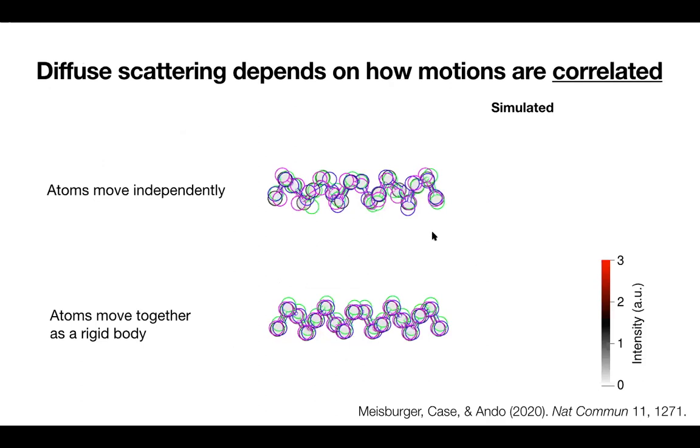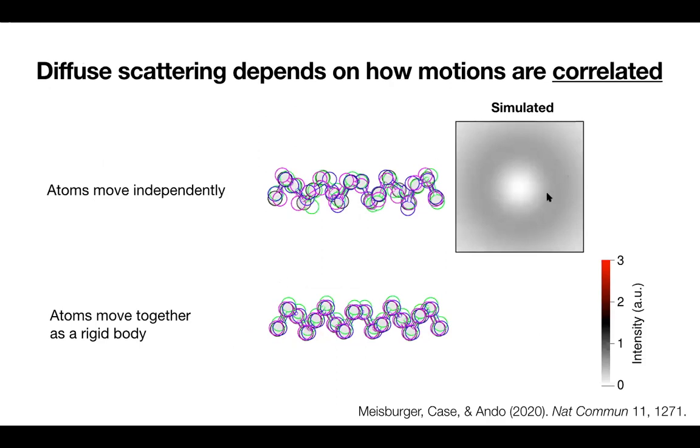Now let's look at some other examples of different types of correlated motion. If we have atoms that are moving independently, which is represented with these spheres here, what you see is a roughly isotropic scattering pattern that's relatively featureless. Now let's look at a case where atoms are moving together as a rigid body. That means this alpha helix is vibrating up and down coherently.